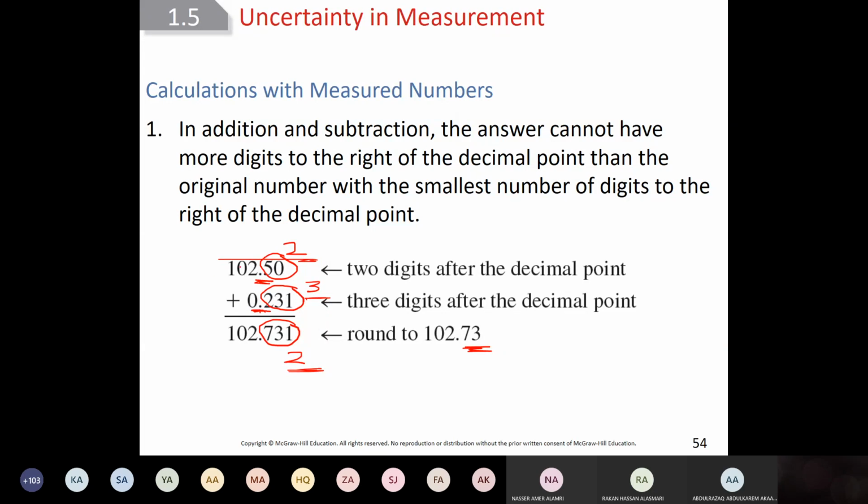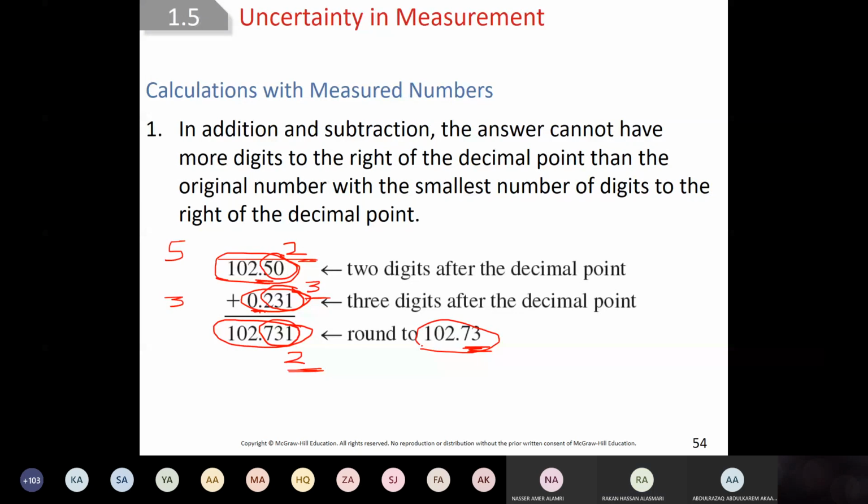Next, how many significant figures to start with, with the whole number? How many significant figures do we have here? 5. And here? 3. In this case, how many significant figures should your answer have? 6 is the correct answer.